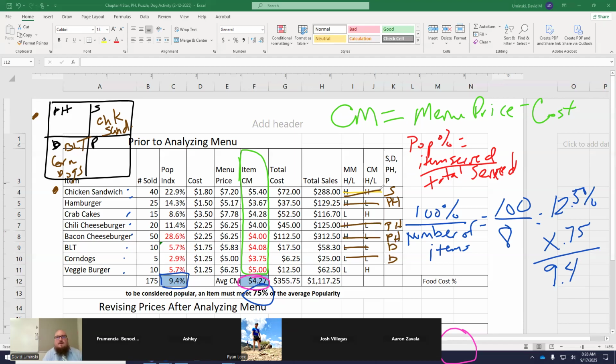So that's my hamburger, chili cheeseburger, and bacon cheeseburger. All my burgers are in my plow horses. And then lastly is my puzzles. Low popularity, high contribution margin is my puzzles. So that's going to be my crab and veggie burger. Okay.